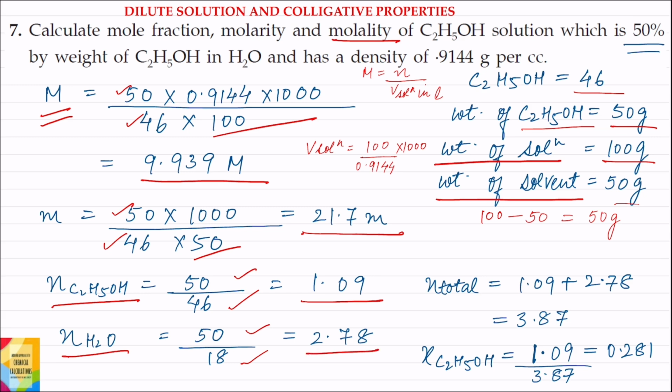Now total number of moles will be moles of C2H5OH plus moles of water, so total number of moles will be 3.87 moles. So mole fraction of C2H5OH will be equal to moles of C2H5OH, which is 1.09, divided by total number of moles, which is 3.87, and mole fraction of C2H5OH will be equal to 0.281.